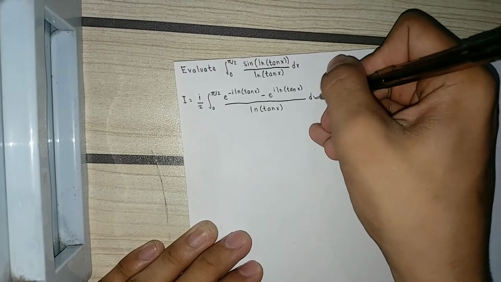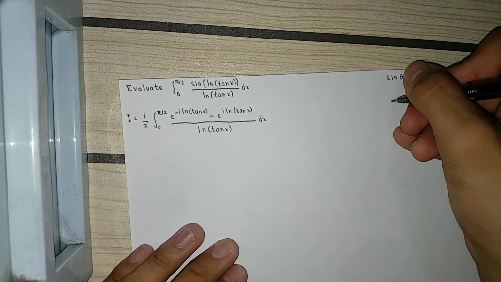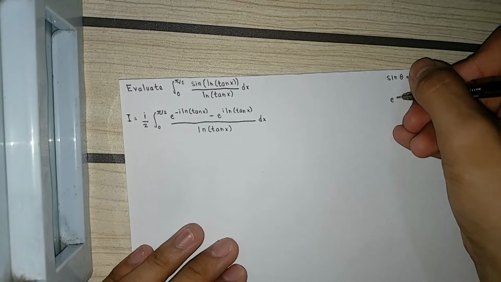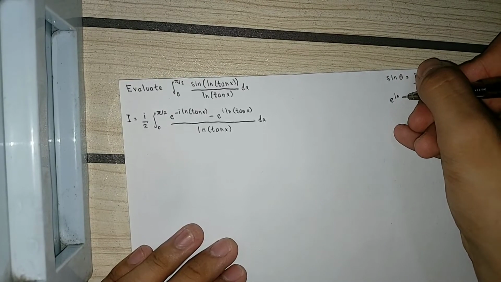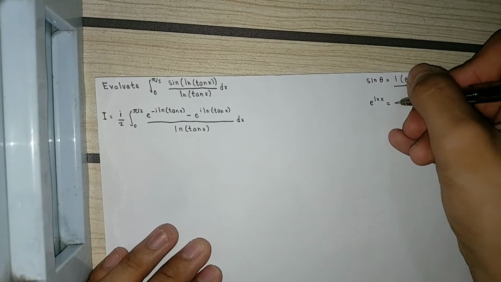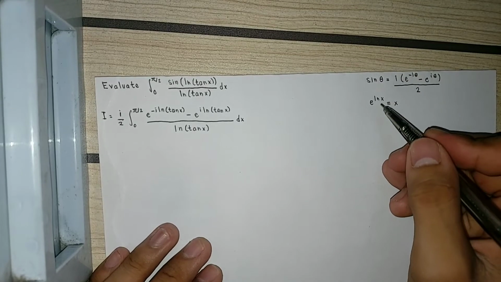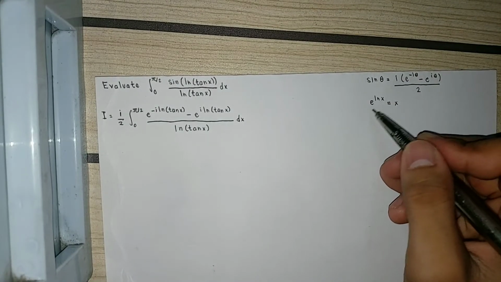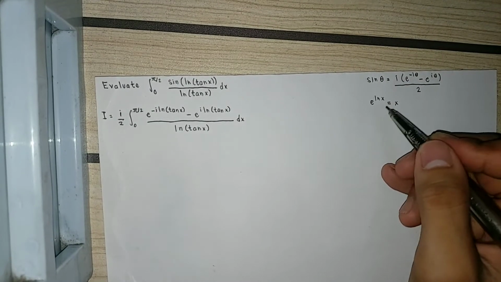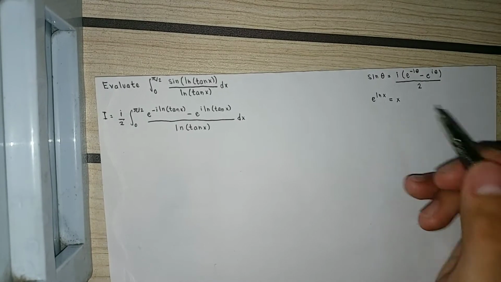So we know that from basic algebra we have e raised to ln of x is equal to x. So basically the exponent and the base will just cancel, and this will give us only x.